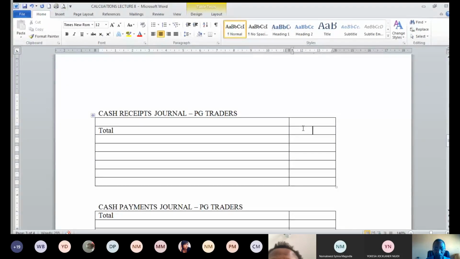In our cash receipts journal, there was a starting total of 10,200 Rand, whereas in my cash payments journal, there was an opening total of 9,800 Rand. Okay. That is the information, guys, under number 3.